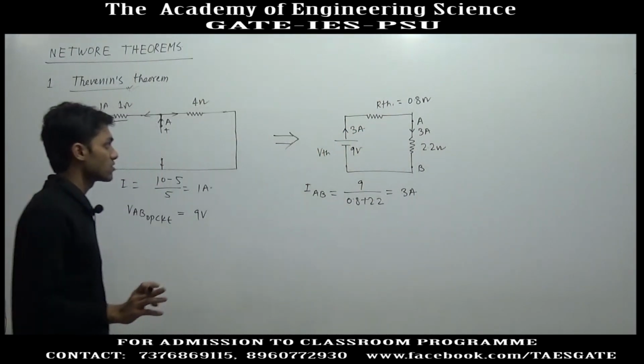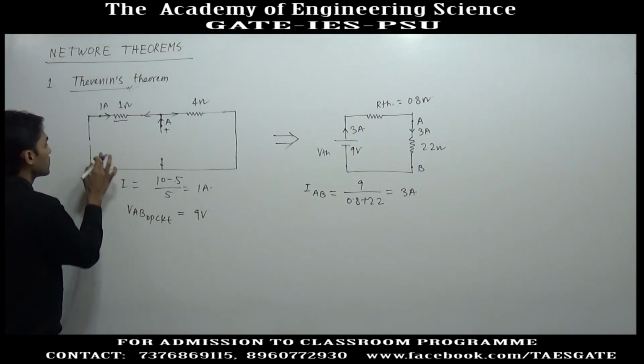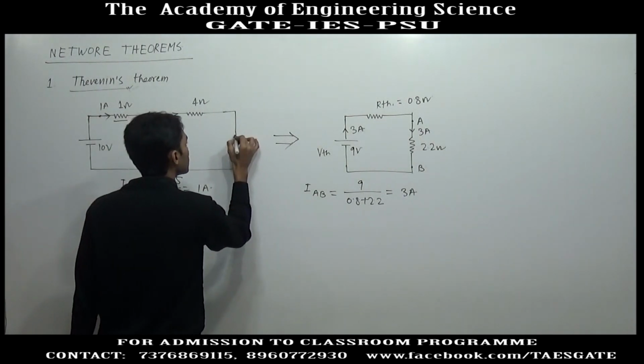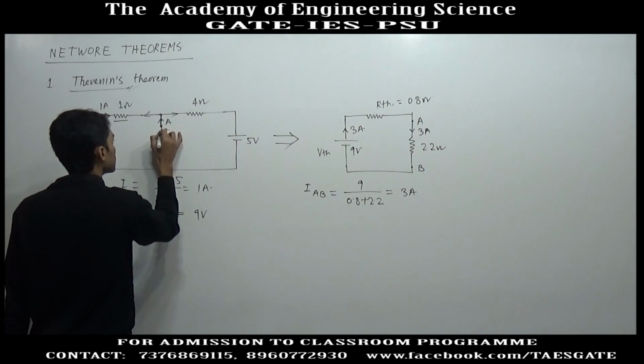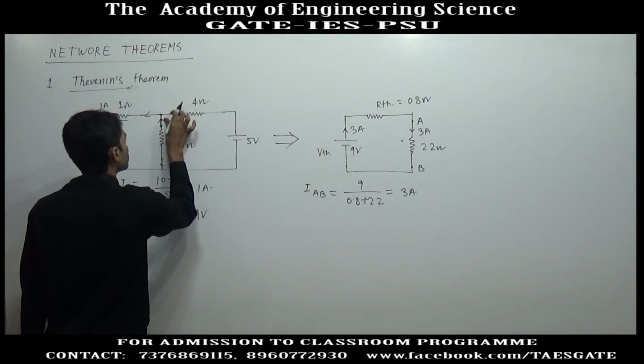But if I ask you to show this 3 ampere current in this circuit, first I am making the original circuit. This is 10 volt and this is 5 volt and this is 2.2 ohm load resistance.